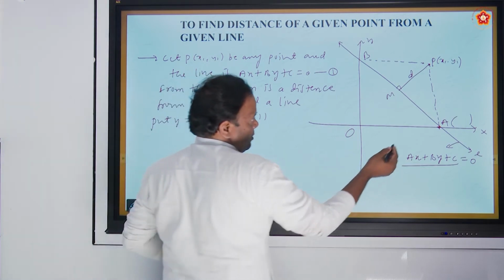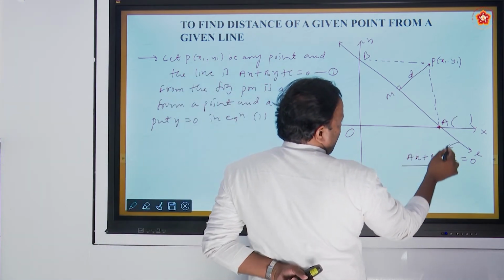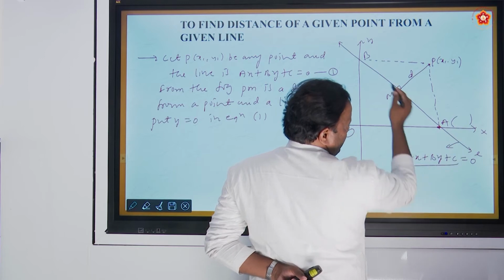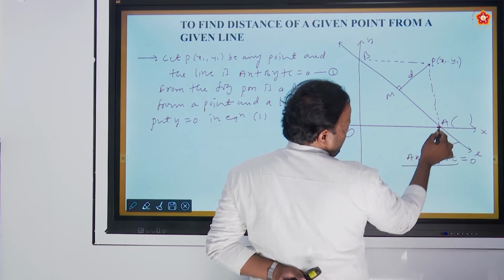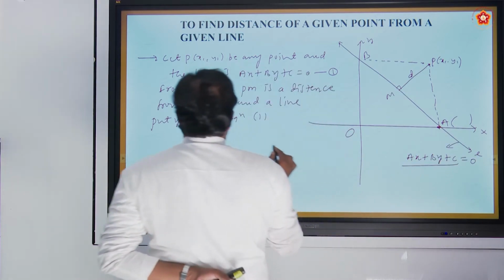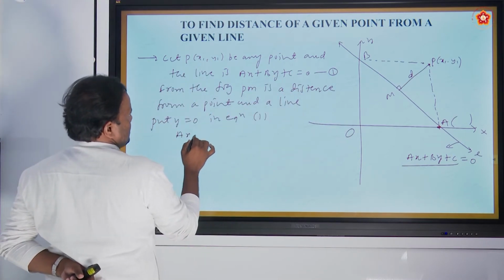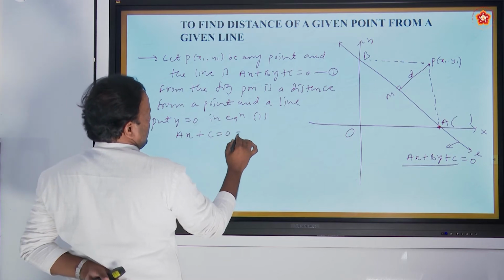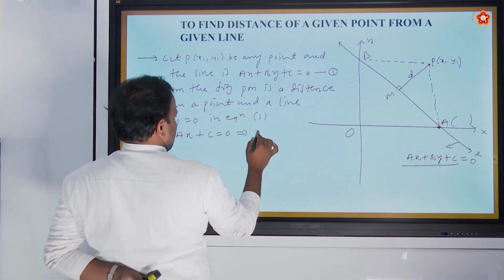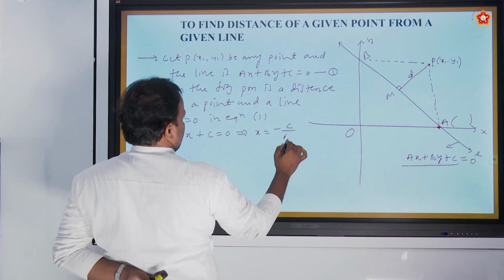So we need this point A. A point means it lies on the x-axis, so the y-coordinate is 0. A is nothing but where this line crosses the axis. Put y equal to 0 in equation number 1. This becomes 0, so ax plus c equal to 0, which implies x is equal to minus c by a.